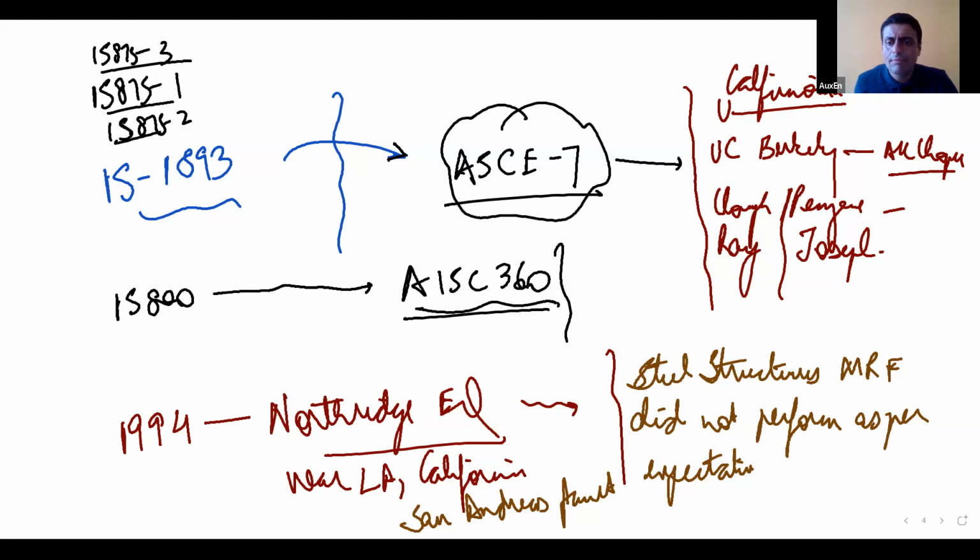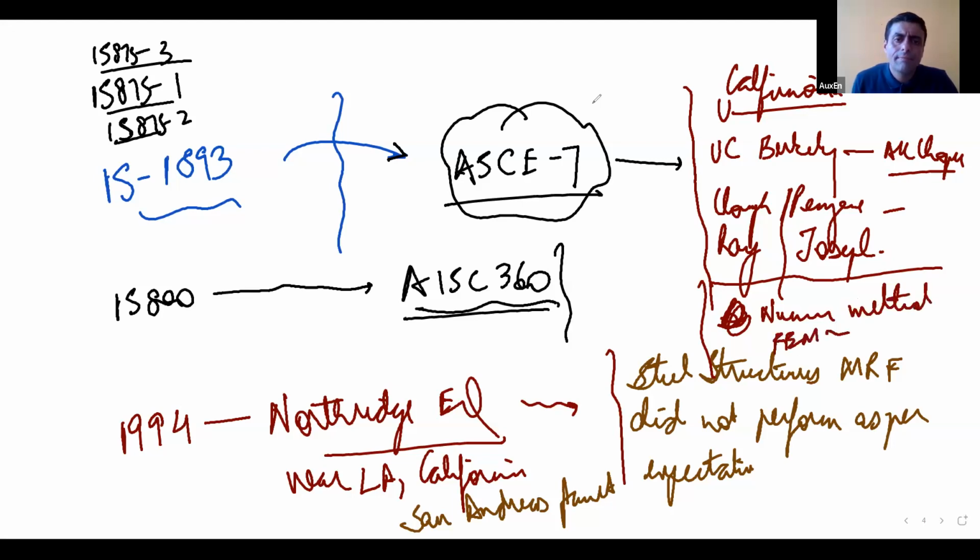But why am I telling you? Because this fellow, who did a lot of work on the numerical method development using the FEM, his work mainly led to the creation of CSI.